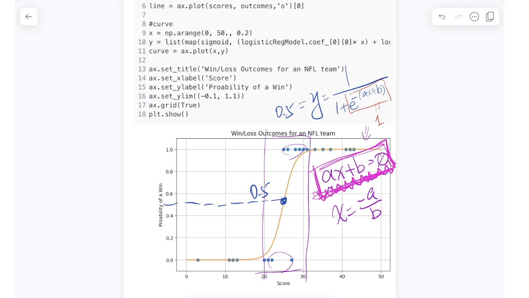The entire equation is not linear, but this part is linear regression. So the algorithm is still called logistic regression because this part is the regression.